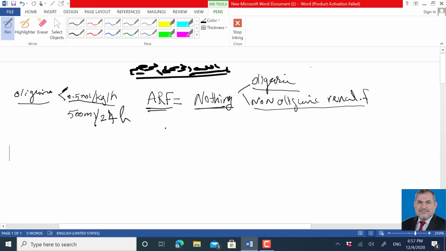Which type has the better prognosis, oliguric or non-oliguric? Which is better? Non-oliguric renal failure has better prognosis. Okay?